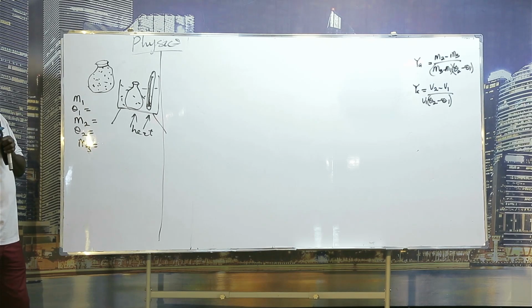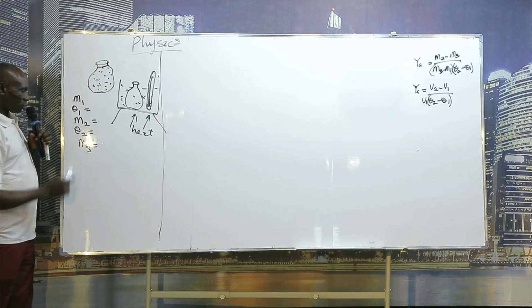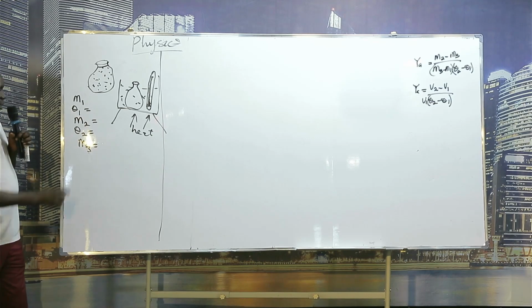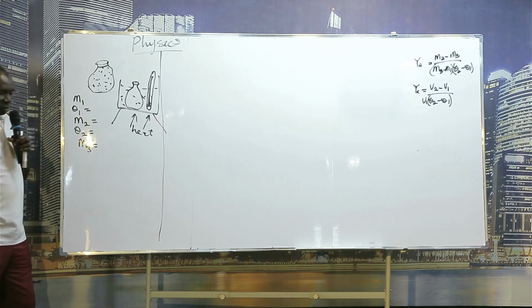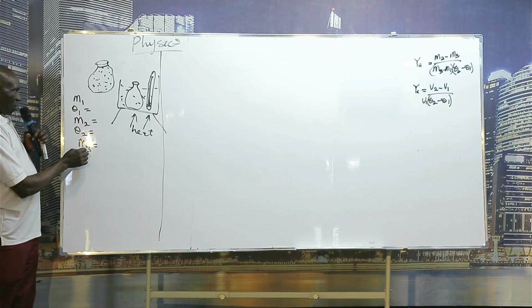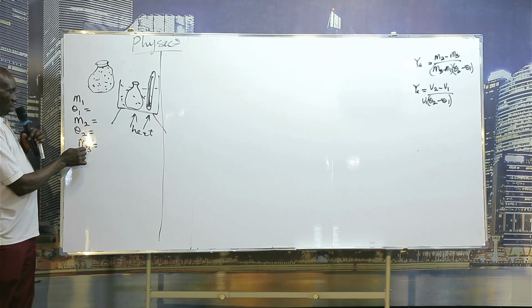Mass of bottle plus liquid at room temperature. Theta 2 is what? Final temperature of this system. And M3 is what? The mass of the liquid plus bottle after heating.